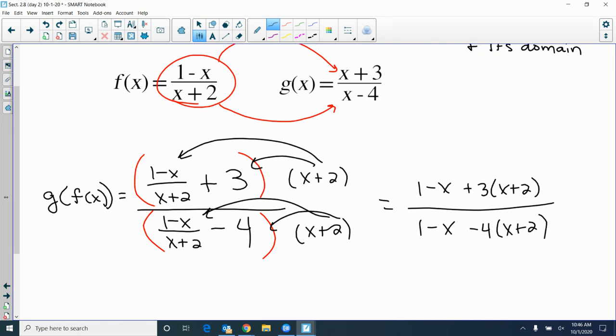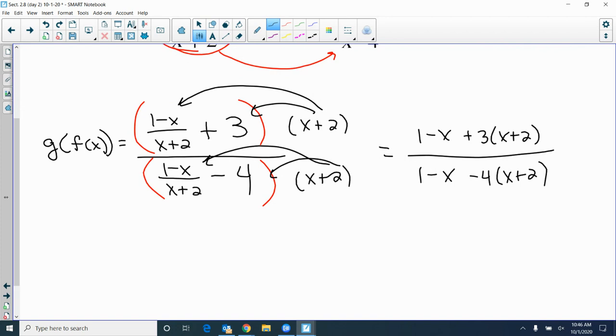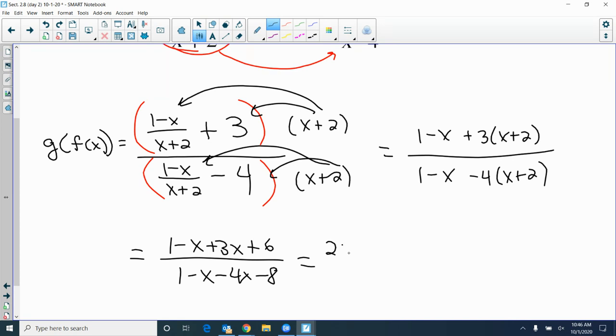Okay? And so that becomes 1 minus x plus 3x plus 6 over 1 minus x minus 4x minus 8, which should give me 2x plus 7 over negative 5x minus 7.